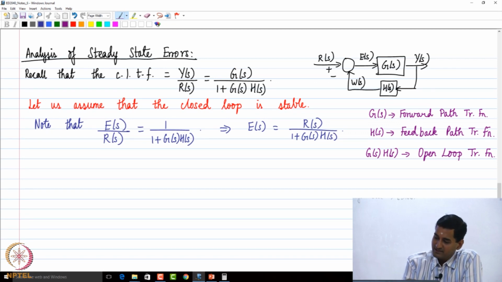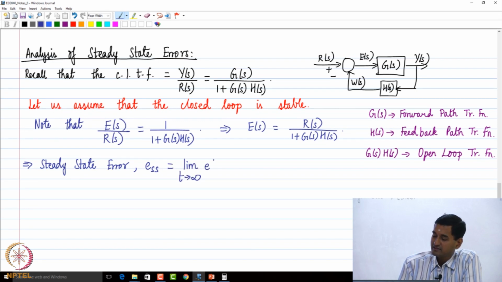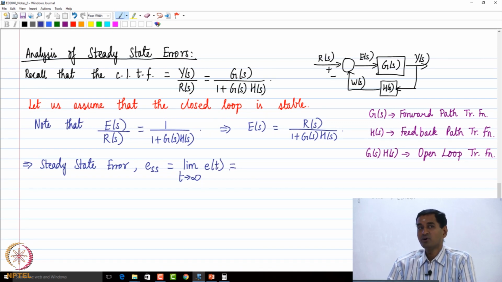So, this implies that the steady state error, let me call it ESS, which is defined as limit t tending to infinity E of t, is going to be equal to, if you recall, one of the properties of the Laplace transform that we revised long ago.